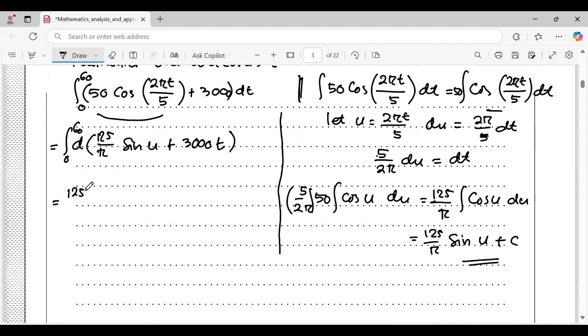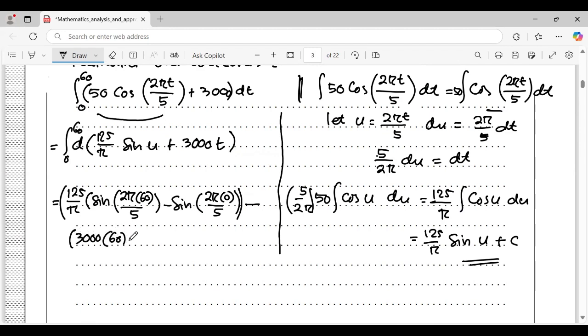It becomes 125 over pi times sine of 2 pi times 60 over 5 minus sine of 2 pi times 0 over 5, plus 3000 times 60 minus 3000 times 0. This is part 1.